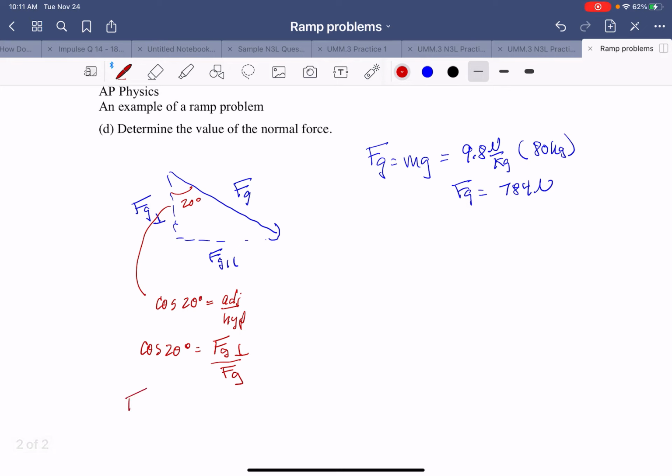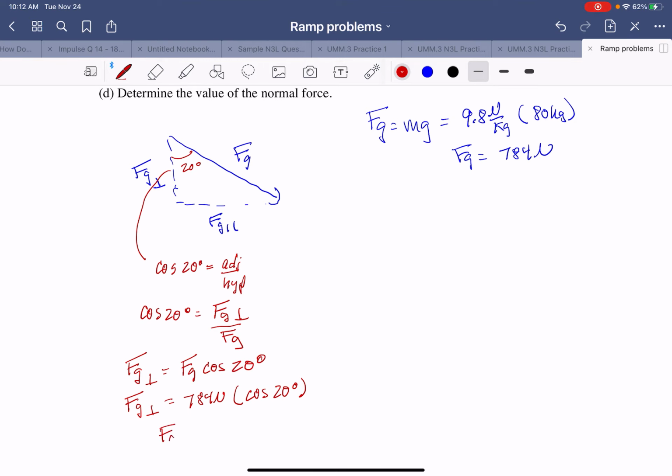The perpendicular component of my gravitational force is Fg times cosine 20, which is 784 times cosine of 20. That is 737.7 newtons, which we already said was equal to my normal force. They're balanced because they're both perpendicular to the surface.